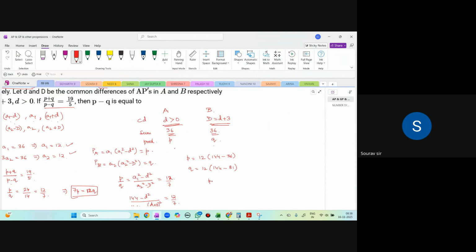So therefore P minus Q will be 12 into 144 minus 36, which is 12 into 108, and this is 12 into 63. So 12 into 108 minus 63, that's 45.